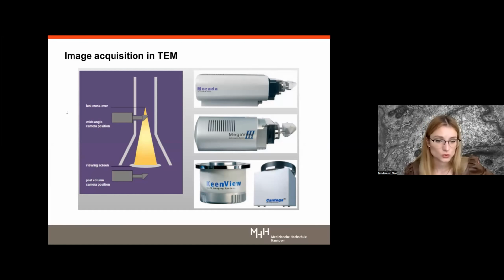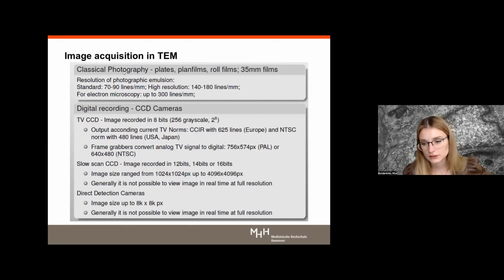But for acquisition we can use not only the direct screen, but also a CCD camera and work with a monitor, not with the luminescent screen. As I told, different laboratories still use films for recording the information, but certainly a more convenient and more rapid variant is to use a CCD camera.